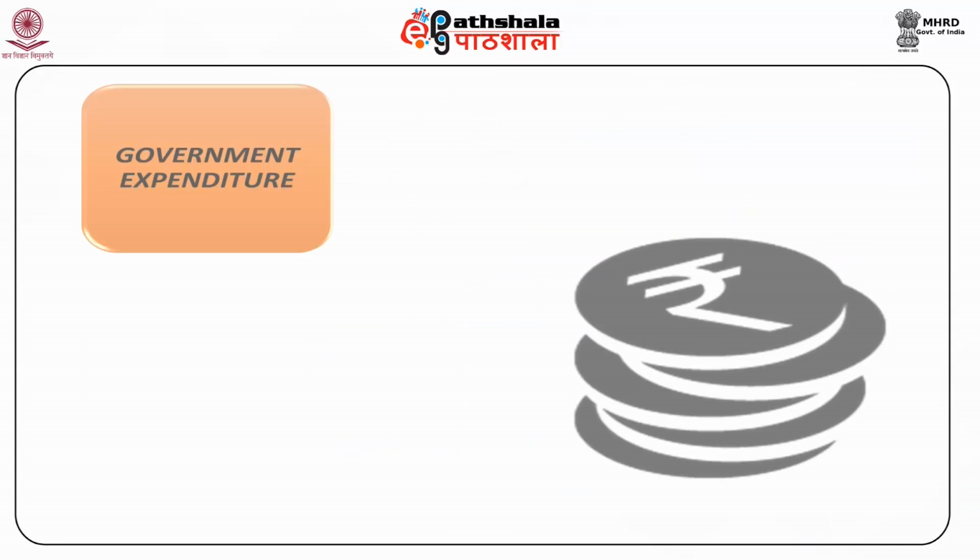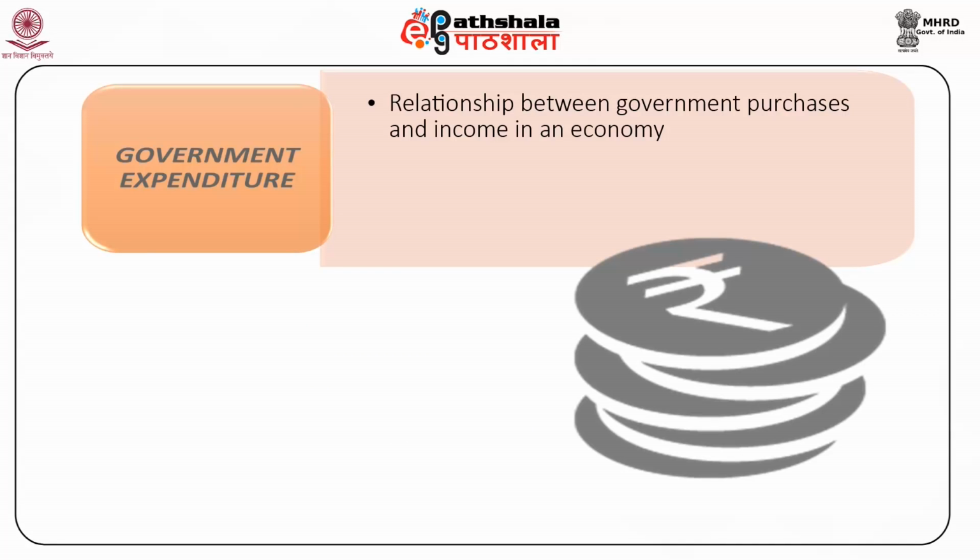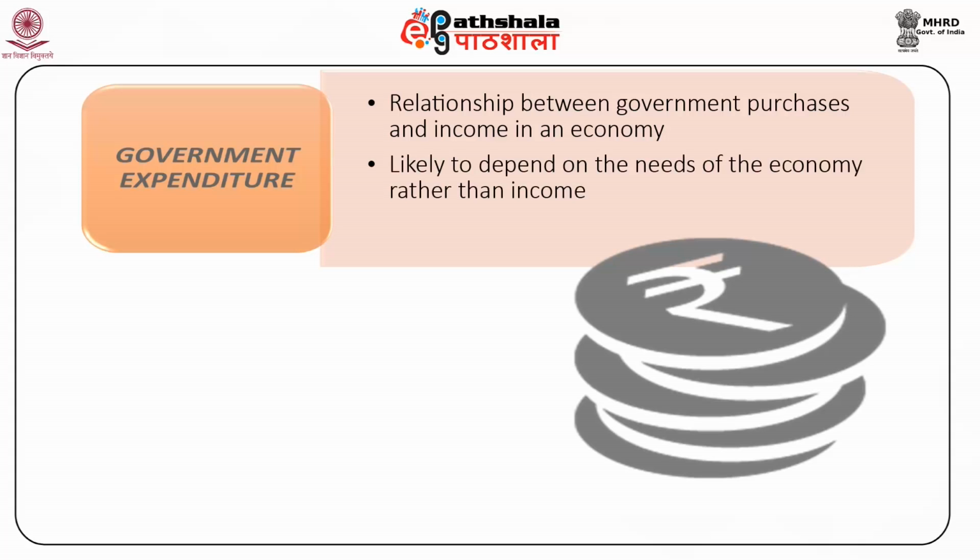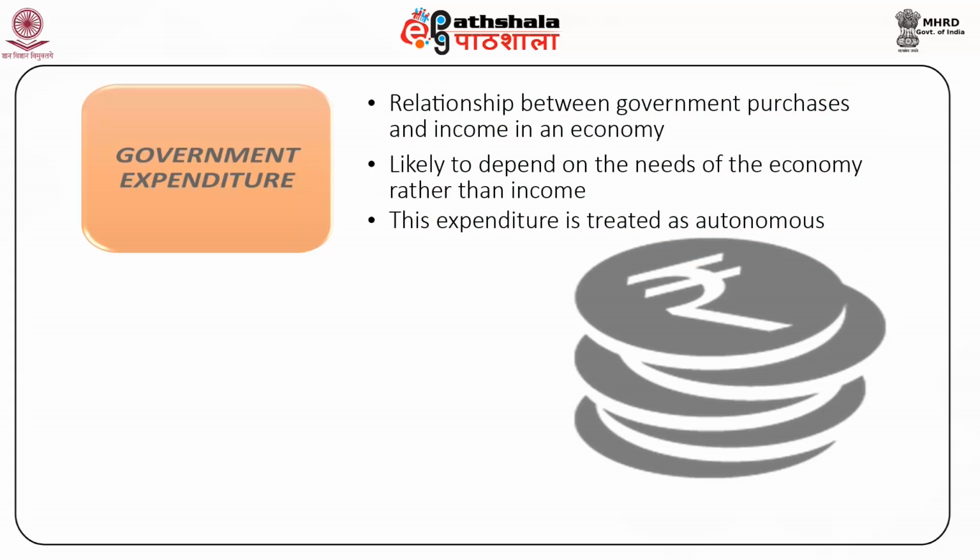The government expenditure function specifies the relationship between government purchases and income in an economy, keeping other things constant. The incurring of such expenditure is more likely to depend on the needs of the economy rather than income. Hence, this expenditure is treated as autonomous. Thus, the government expenditure function G bar is similar to one exhibited in the figure.